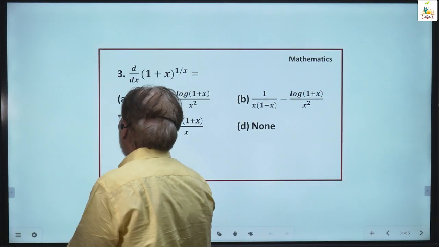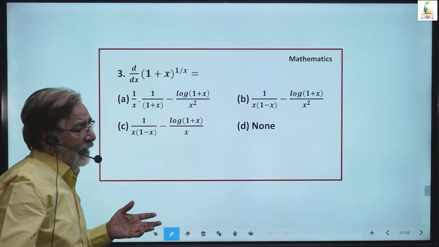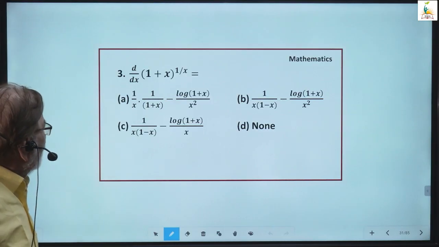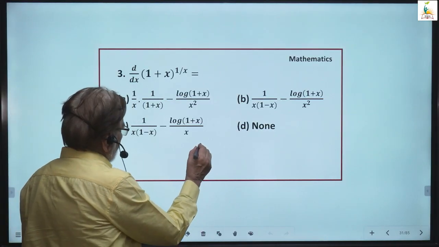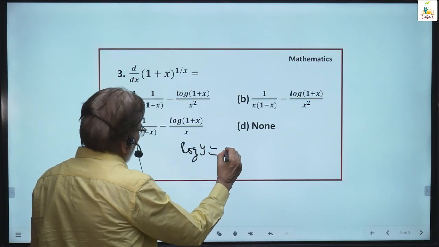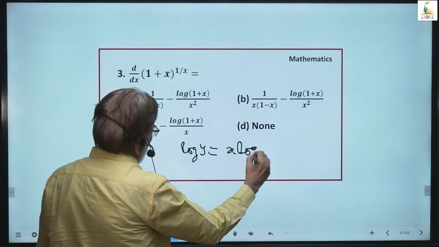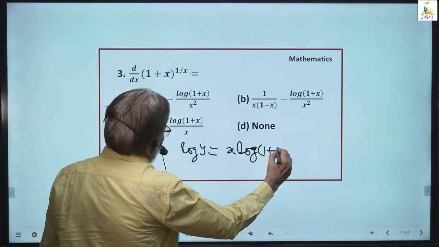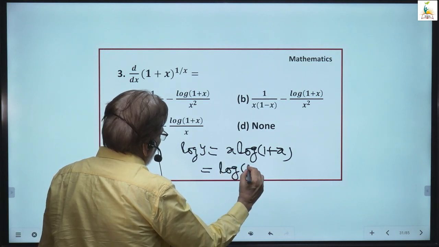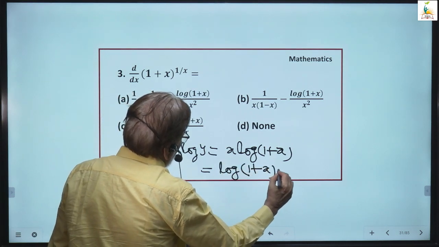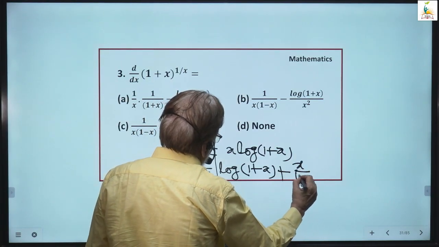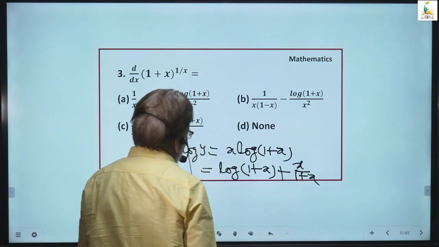Next one is differentiation of (1 plus x) raised to 1 upon x. This is a very important differentiation as far as limits are concerned. So, y equal to this, so log of y will be equal to x log of 1 upon x. Differentiate it, this will be equal to log of 1 plus x, differentiation of x is 1, 1 plus x as it is, differentiation of log of 1 plus x is this one.